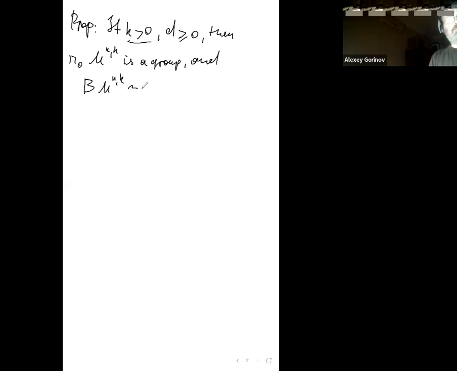Okay. First of all, I'll write what we will prove, and then we'll see what follows. The classifying space is homotopy equivalent to C_0 n, k plus 1.